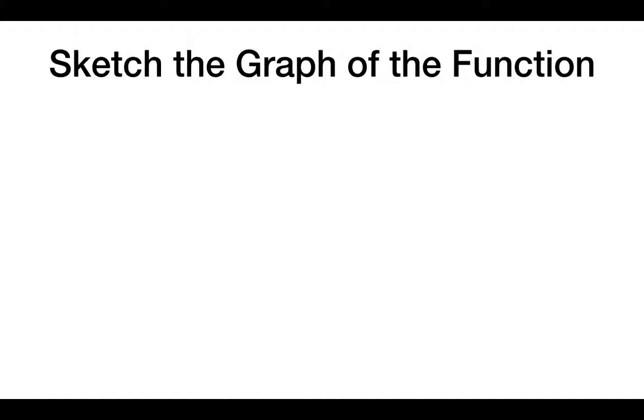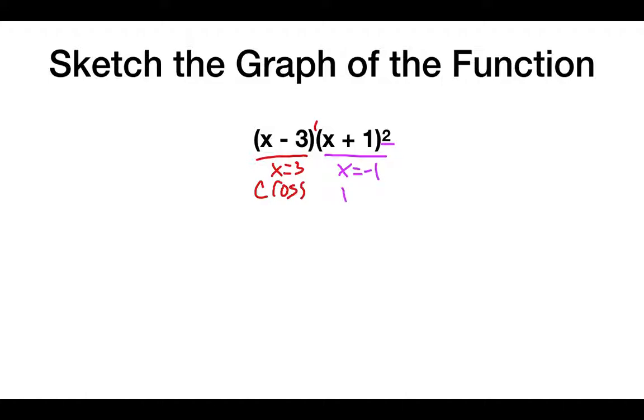So, we are going to sketch the graph of this function. In this case, the first thing we need to do is find our zeros. x equals 3, and while I'm at it, I'm also going to say that since this is being raised to the first power, that's a cross. Then, x plus 1, that's going to be x equals -1, and since that's squared, it's going to be a bump.